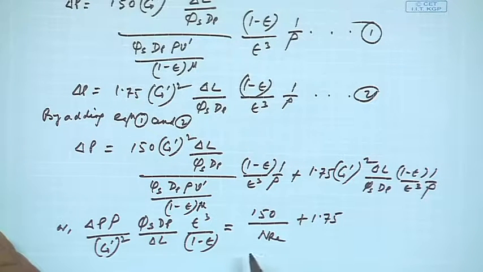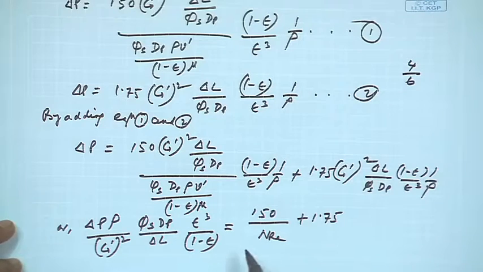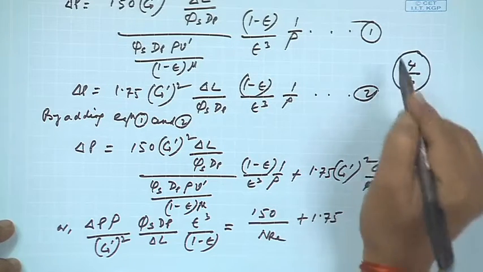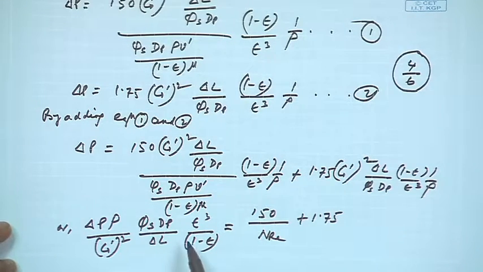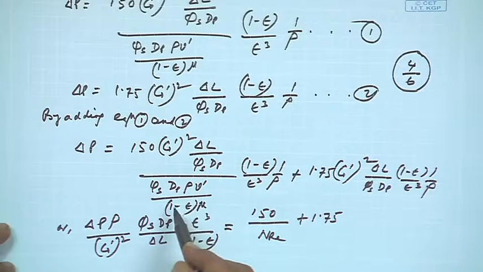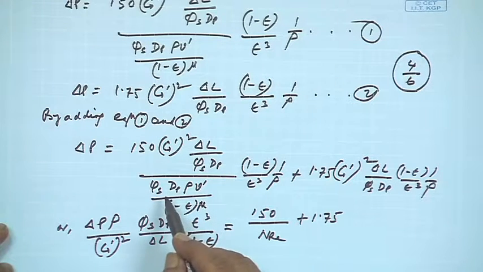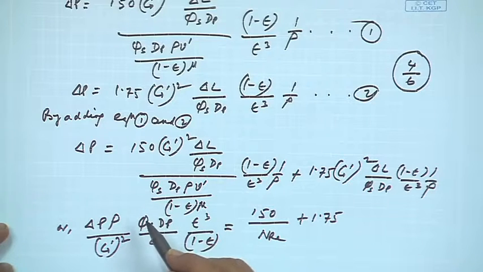How? Here only one thing: if you remember, in the NRE definition we had said that was 4 by 6. Now, in 4 by 6, if we neglect this term, then phi s dp rho v prime by 1 minus epsilon into mu is the dv rho by mu for the packed bed NRE, right.